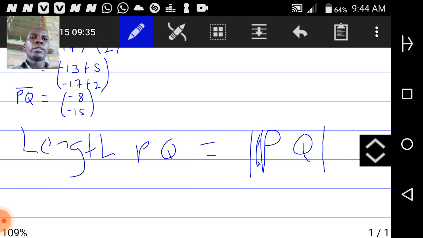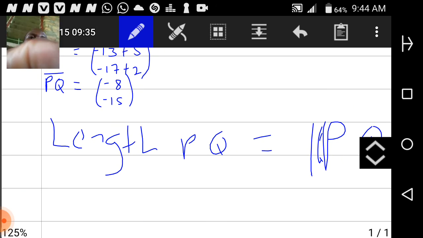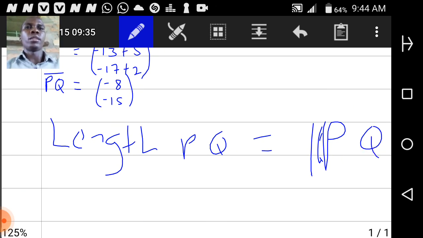The length is the same thing as the modulus, and the same thing as the magnitude.